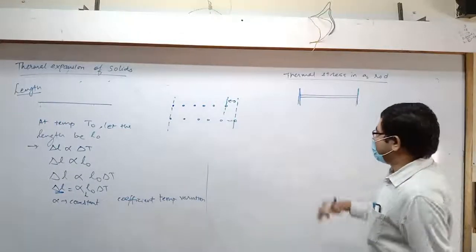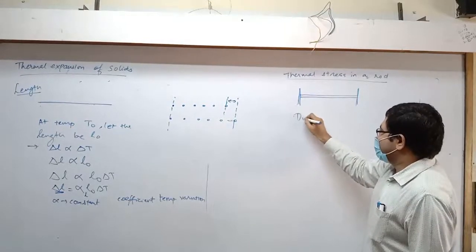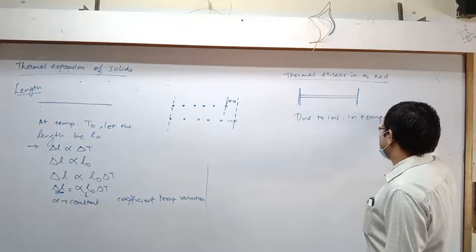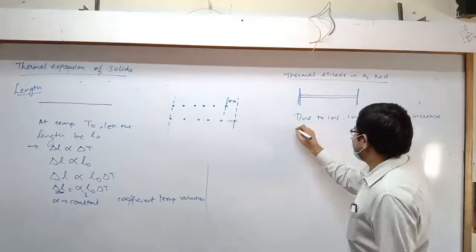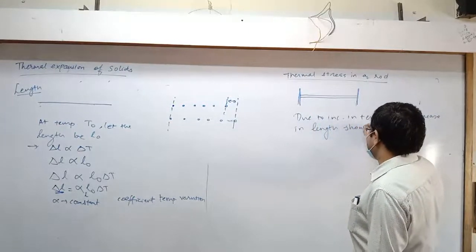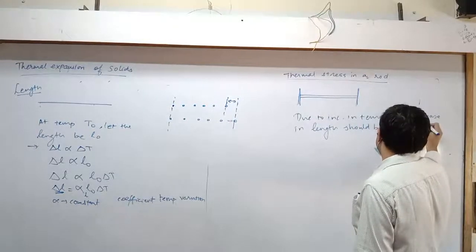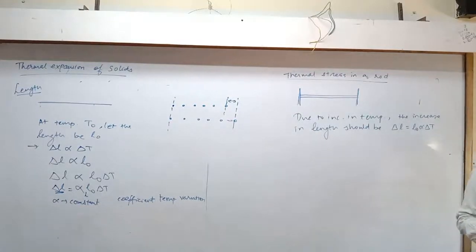Now if you increase temperature, due to increase in temperature, the increase in length should be delta L equal to L0 alpha delta T, right?